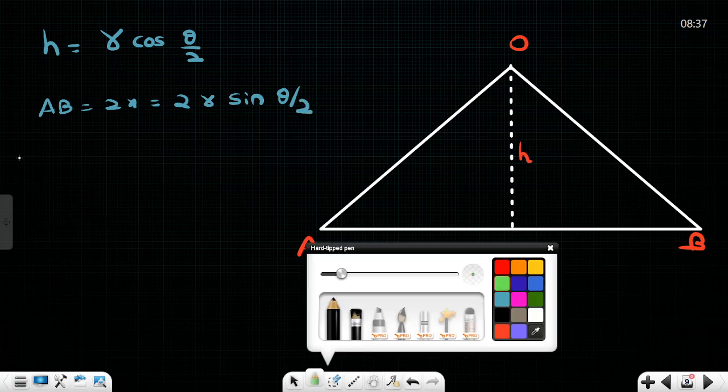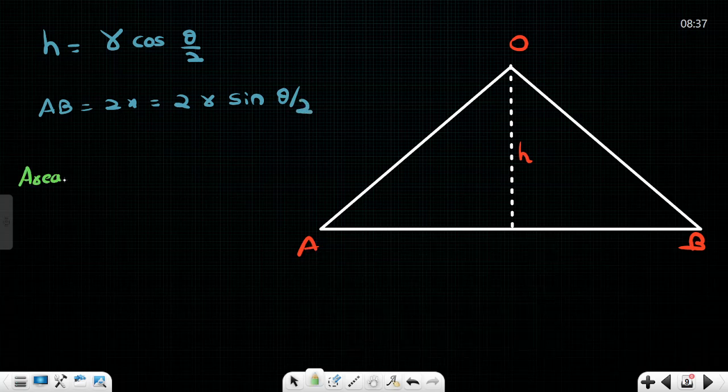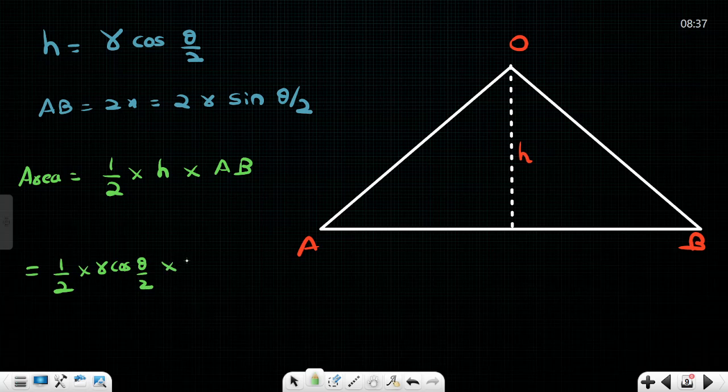Therefore area will become half into h into AB, half into r cos theta by 2 into 2r sin theta by 2.